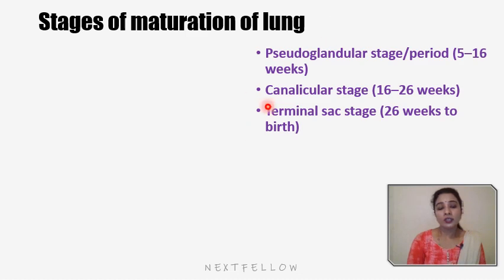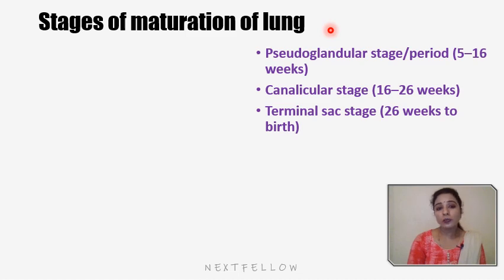Next, the third stage, the terminal sac stage, that is 26 weeks till birth. In this period a large number of terminal sacs, that is primitive alveoli, develop, and the capillaries are also perforated and form a plexus around the terminal sacs.